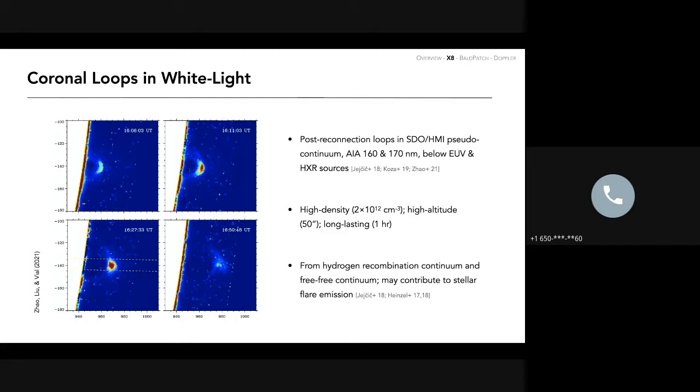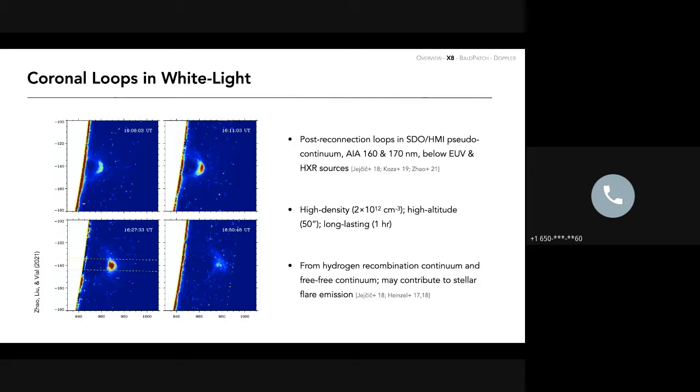There are estimates of the density there, on the order of 10 to the 12 per cubic centimeter. And from forward modeling, people argued that the emission is probably from hydrogen recombination continuum and free-free continuum, but not so much from scattering. As a result, the signal is very weakly polarized.